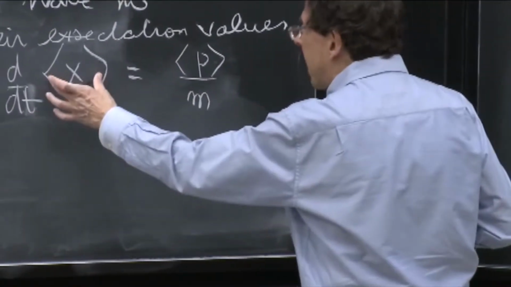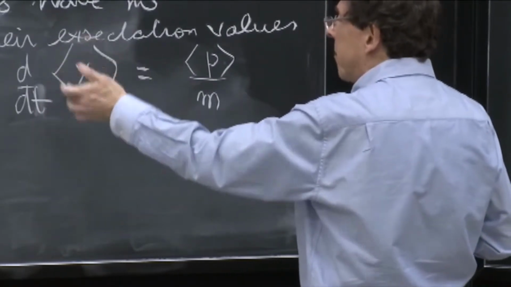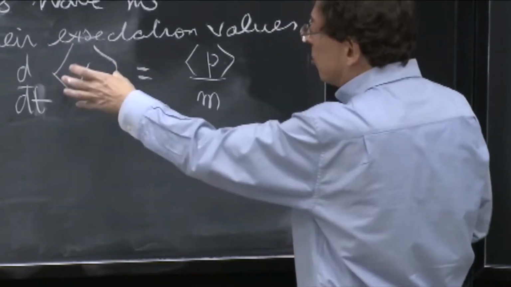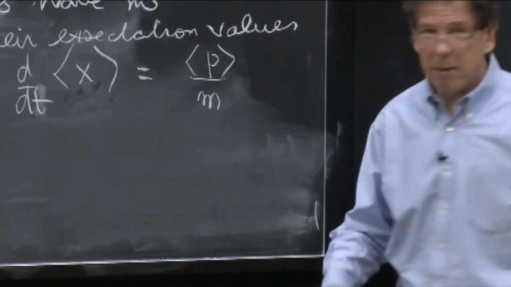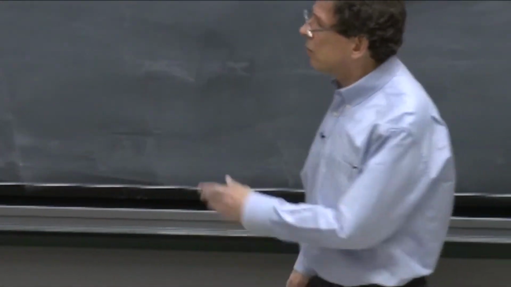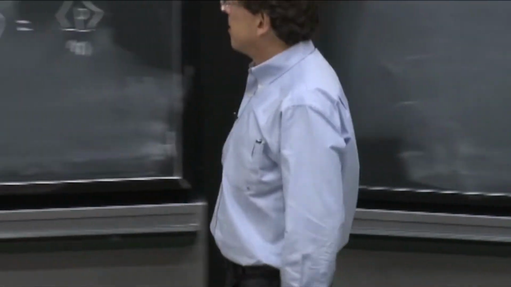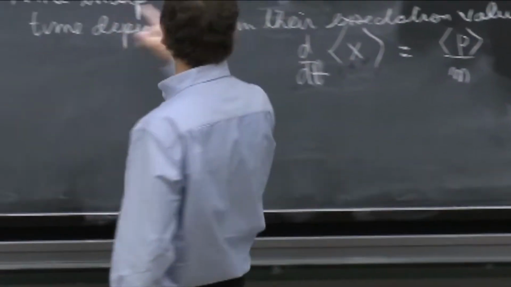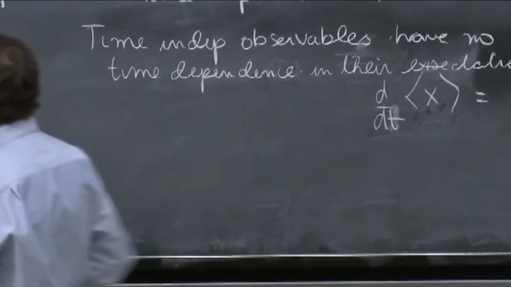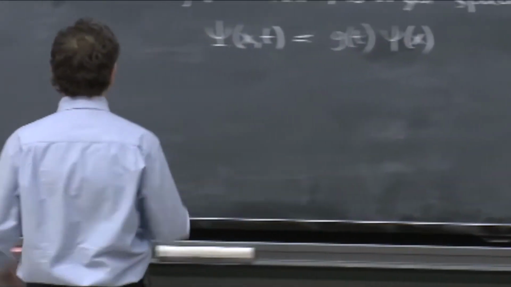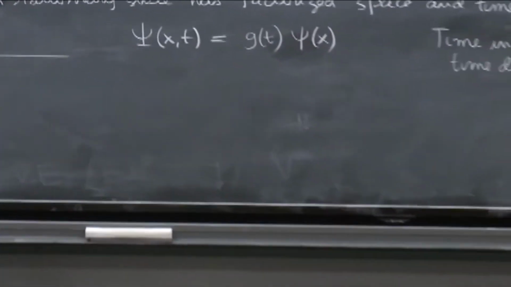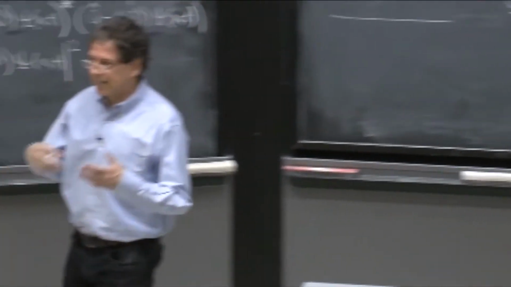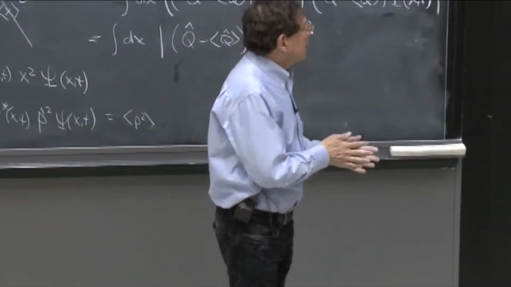The states, the psi of x and t, have time dependence, and sometimes it just doesn't drop out. But for stationary states, it will drop out, as you will see. So time-independent observables have no time dependence in their expectation values. Okay, so enough of saying things, and let's just get to them.